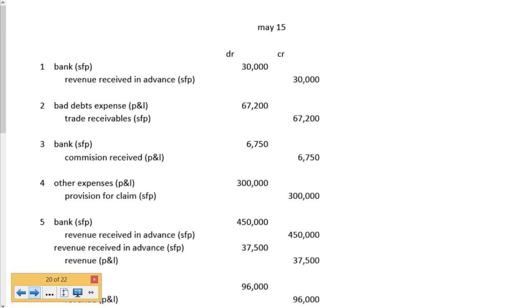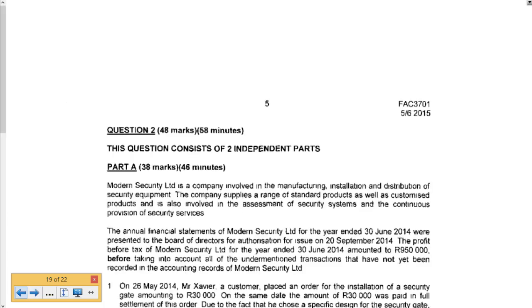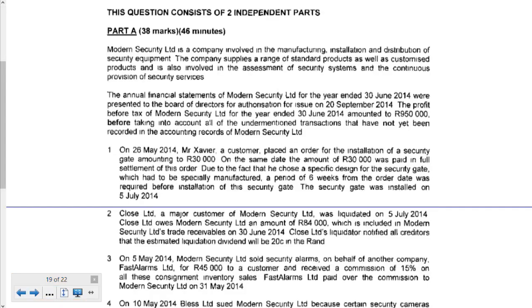Agreed? Okay, so that was income that was received, 30,000 Rand on the 26th of May. He paid in full on the 26th of May, but we only installed the gate on the 5th of July. So we're going to account for that as income received in advance or contract liability, and leave it in our financial position.